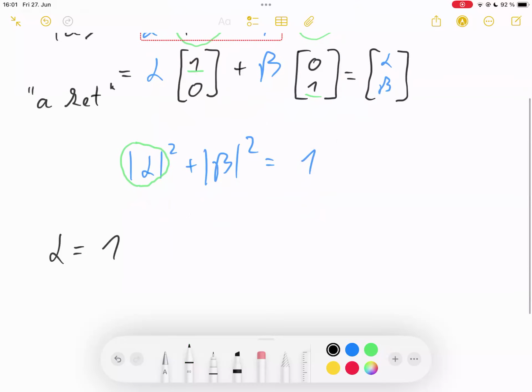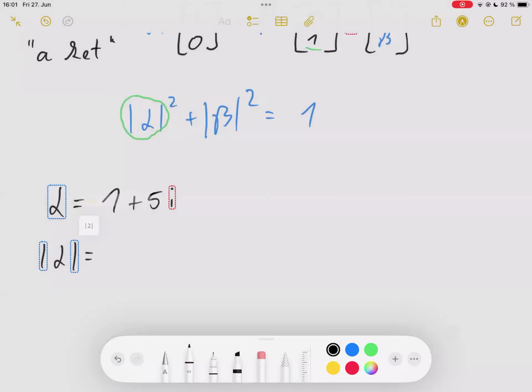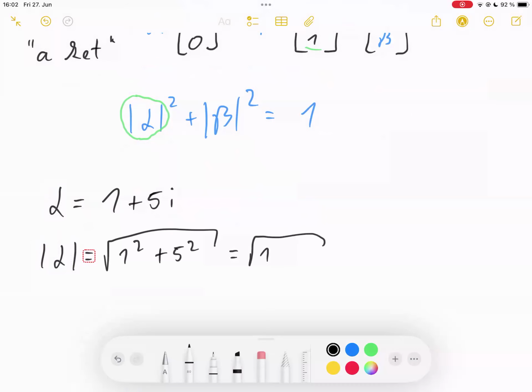So remember, there's one example here. Alpha would be 1 plus 5i. Then the modulus of alpha would be the square root of 1 squared plus 5 squared. So 1 plus 25, the square root of 26.